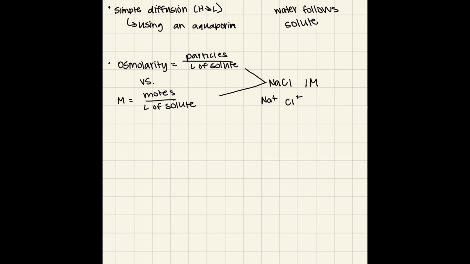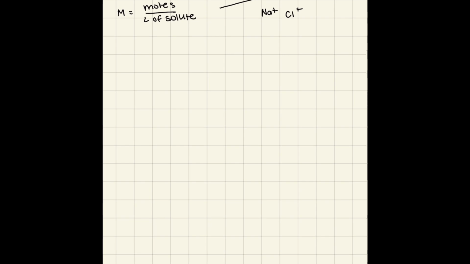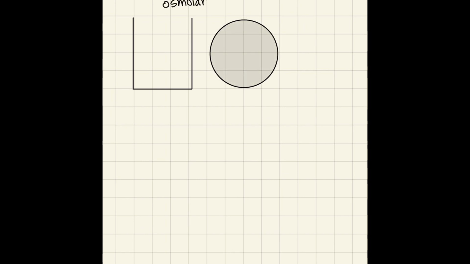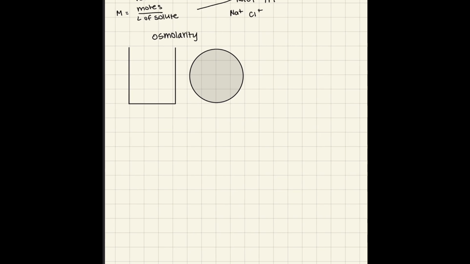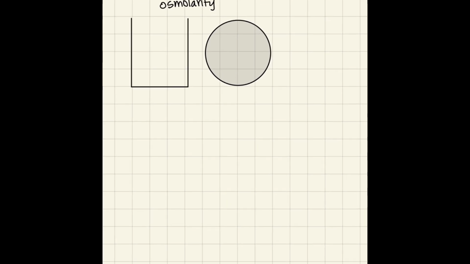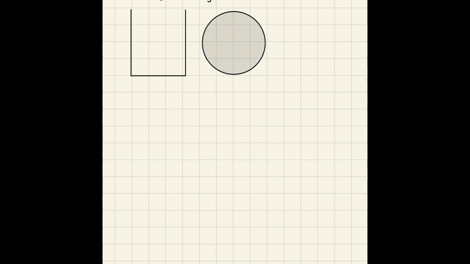To describe osmolarity and tonicity, I'm just going to draw this out like this. This is going to help me describe osmolarity. And then I'm going to do it underneath so that I can keep it stable.